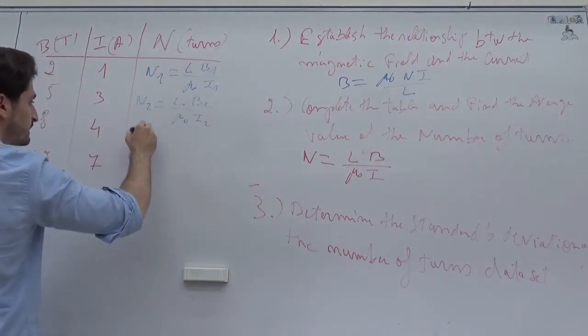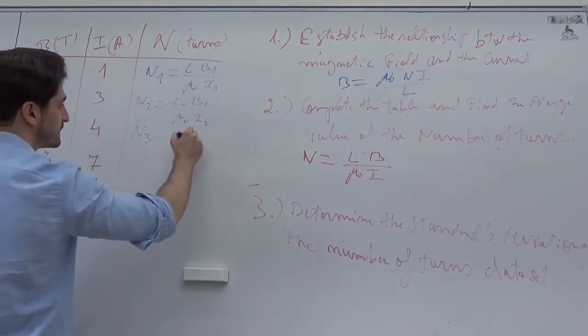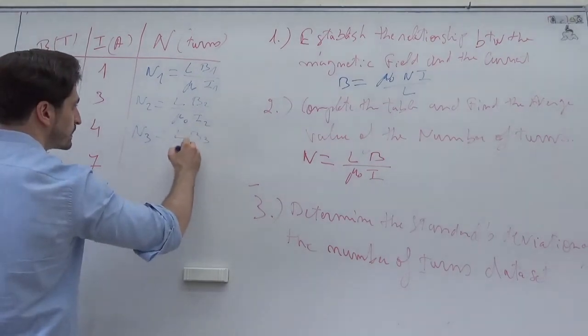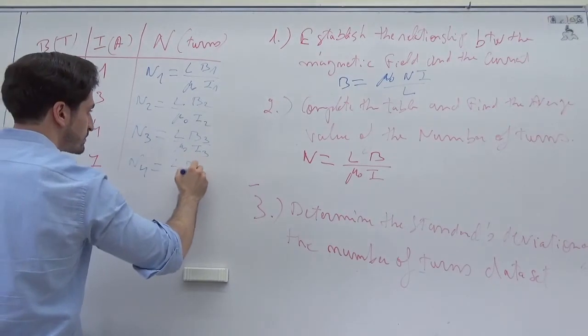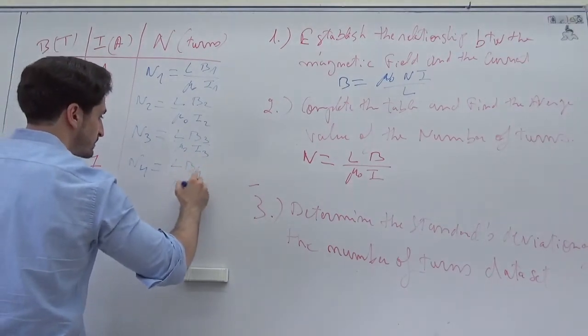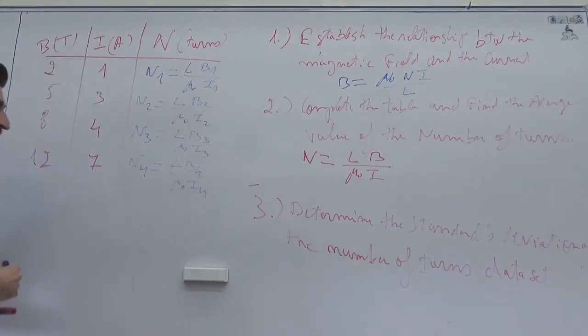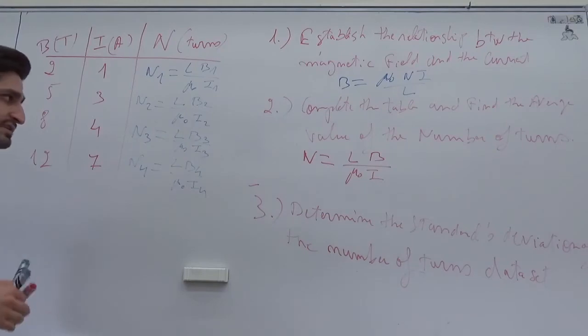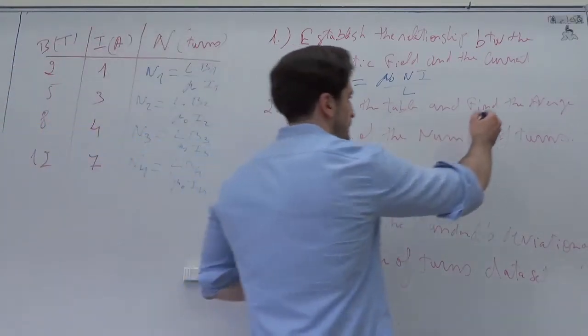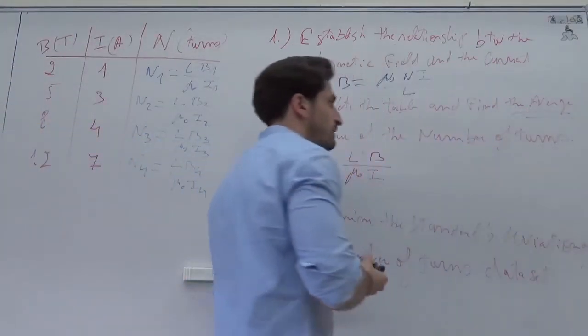And then the same thing for the third trial, N3 equal to L times B3 over mu0 times I3, and N4 equal to L times B4 over mu0 times I4. So after finding each individual value of the number of turns, what we are going to do next is to find the average value of the number of turns.